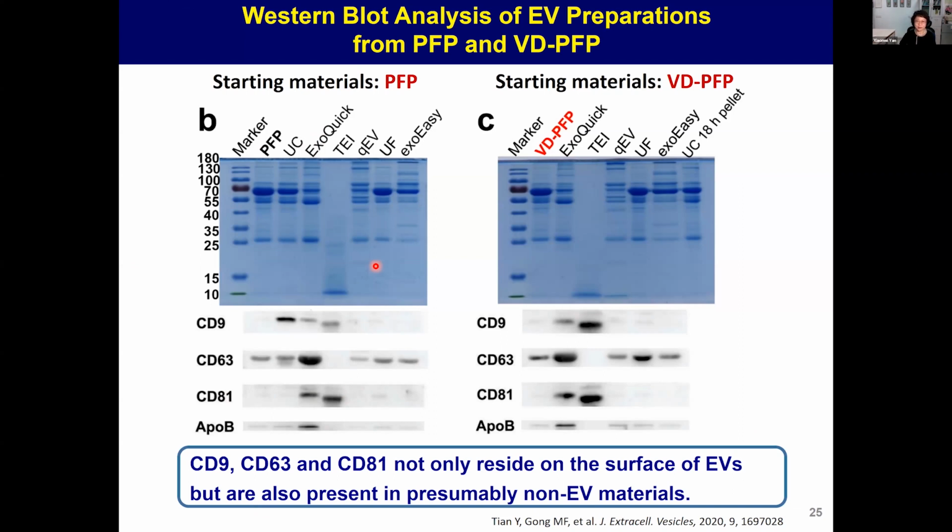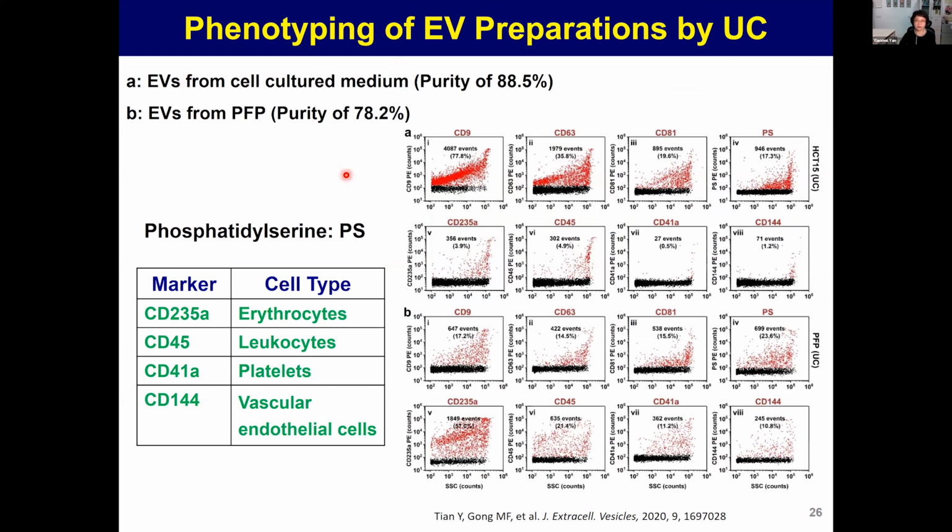This is very interesting, because we compared those surface markers for EVs isolated from cell culture supernatant and from plasma. Besides the three classical markers and PAs, we also added those CD markers, which are representative of the cell types secreting the EVs.